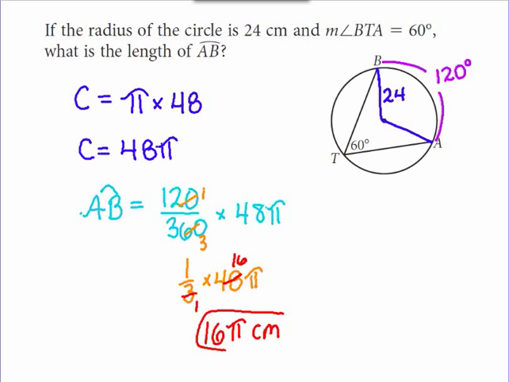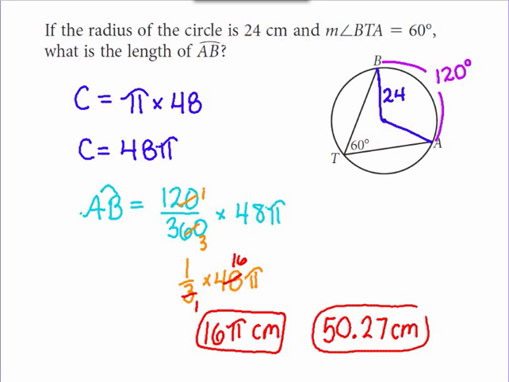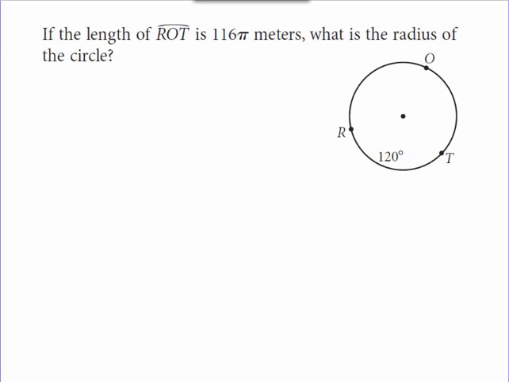Or you could answer it as a decimal. Okay, to the nearest hundredth, what's the nearest hundredth going to be? 50.27. Did you take 16 times the pi button? Yeah. Okay. It's 50.265. Okay, 50.27 centimeters. Okay, questions? Fairly straightforward.